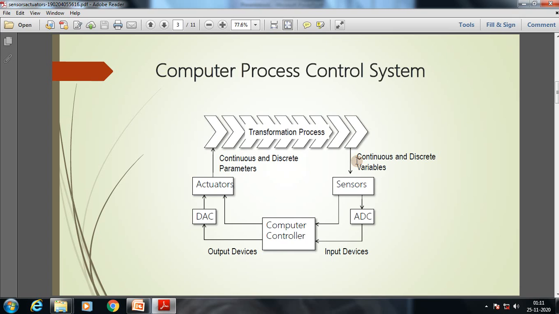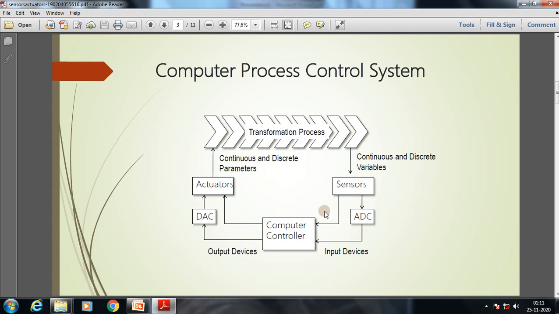So the continuous and discrete variables are fed to the sensors, and through them go to the computer controller. It processes them, and through the actuators the output comes out in the same form, as continuous and discrete parameters. This is the transformation process in the computer, the interface for the outer world.